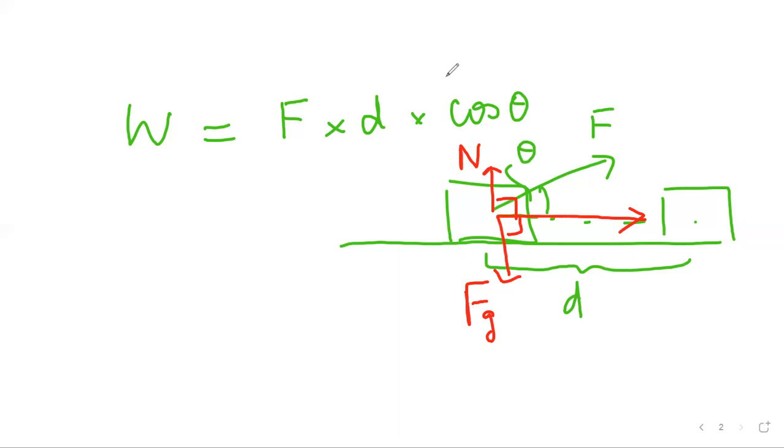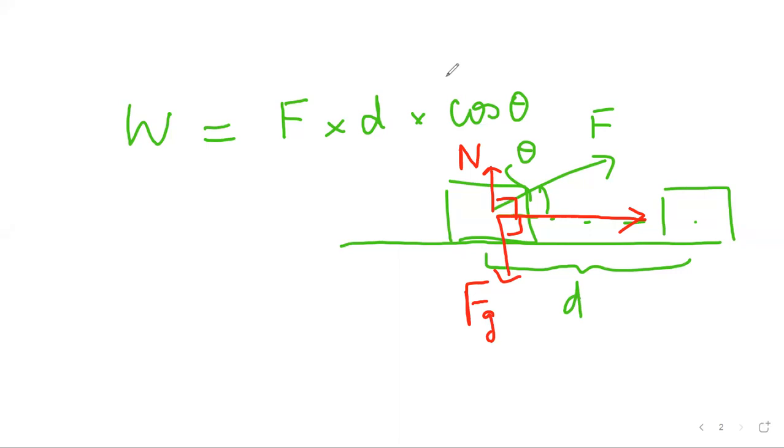For example, according to physics, if I'm pushing hard with a big force on a wall, but there's no displacement involved, then the net work done on that wall is 0. Sometimes there may be multiple forces acting on a body, and you have to calculate the work done by each individual force, then you add them up.